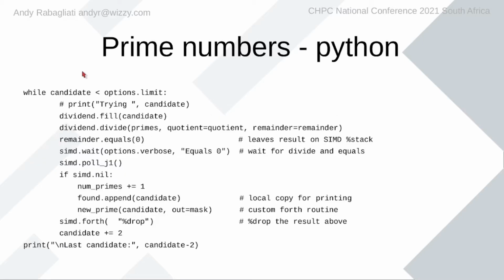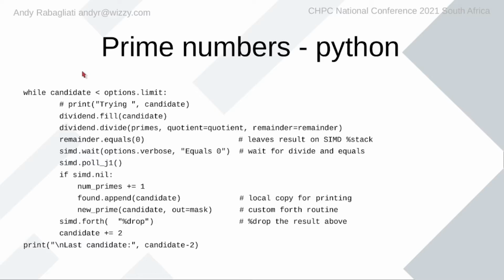This is the code which is written in Python. So this is the code which is running on the Raspberry Pi and talking via SPI down to the Forth J1 CPU, and it executes the algorithm that I specified previously.